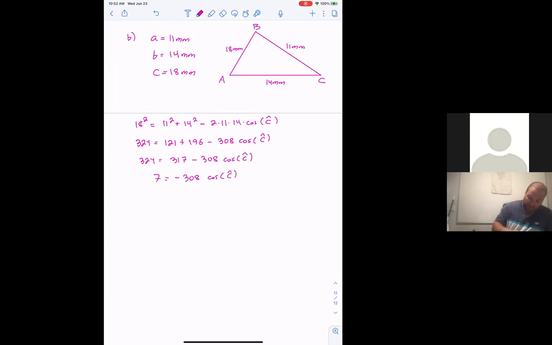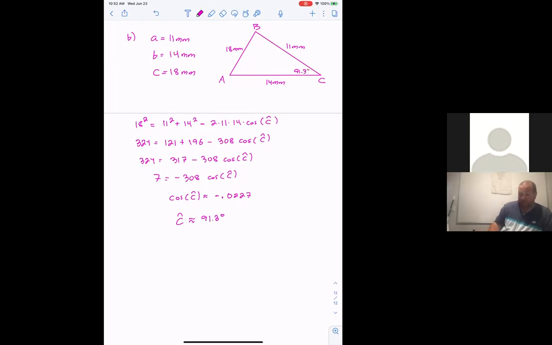Divided by negative 308, cosine of C hat is approximately negative 0.0227. So C hat is approximately the inverse cosine of that, 91.3 degrees.